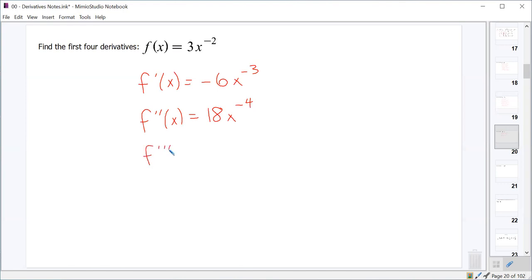Our third derivative ought to be 18 times negative 4, ought to be negative 72. So negative 72x to the negative 5 power. And our fourth derivative here ought to be negative 72 times negative 5, which would be 360x to the negative 6.